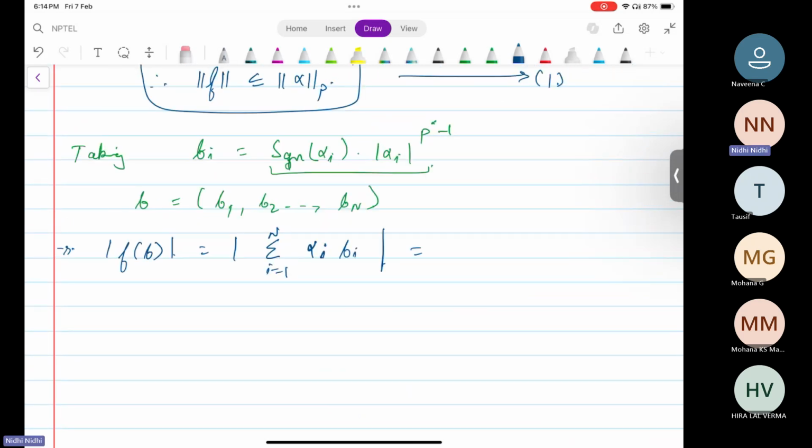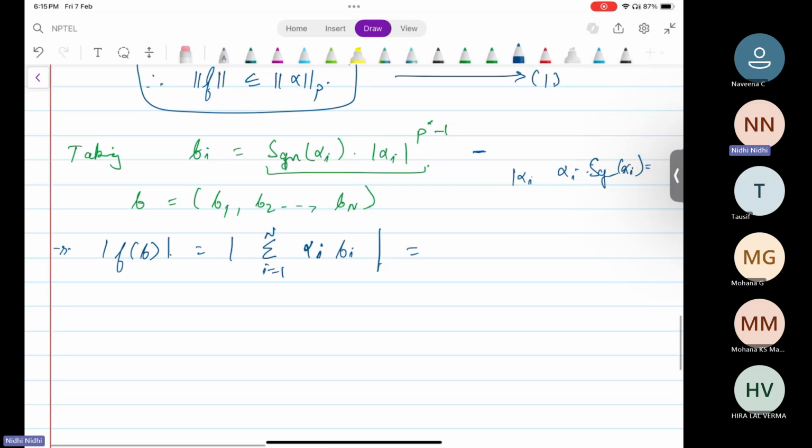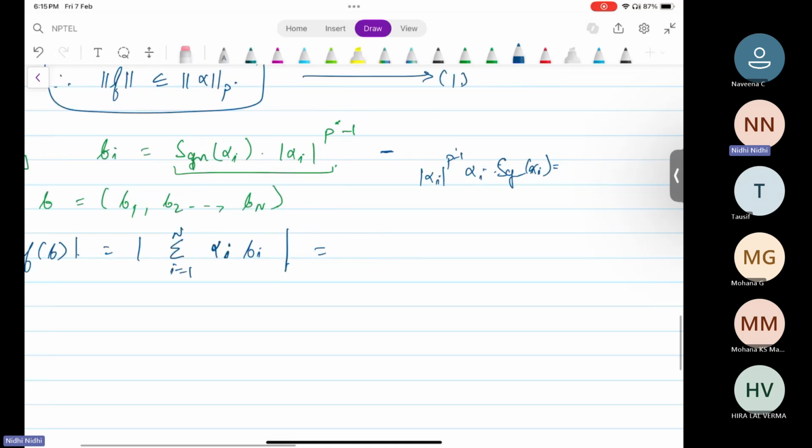Now this is equal to, if I multiply this by alpha_i, basically I'm doing alpha_i times signum alpha_i, multiplied by modulus alpha_i to the power p star minus 1. Since any number multiplied by its sign gives its modulus, this is modulus alpha_i to the power p star. This is summation i from 1 to n modulus alpha_i to the power p star.